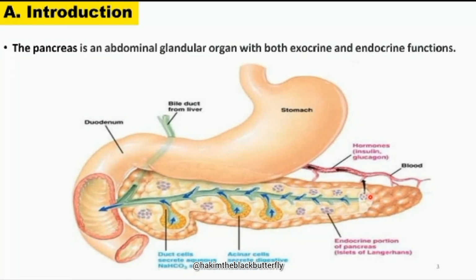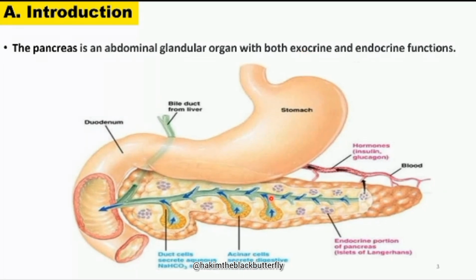So insulin, glucagon, and other hormones are produced to help in regulation of blood sugar levels. Then it has an exocrine component. By definition, exocrine glands are glands that empty their secretions into ducts.